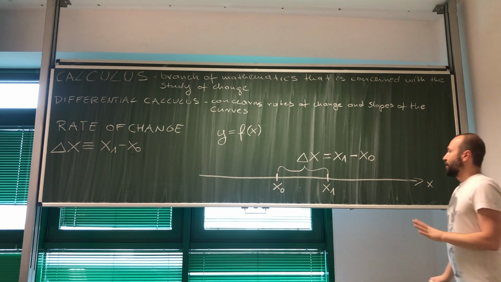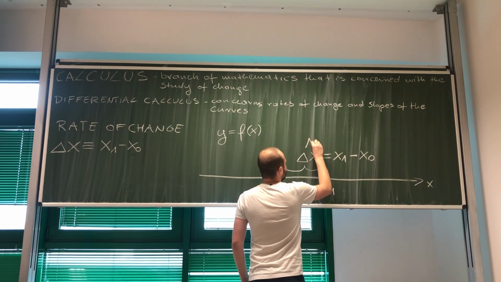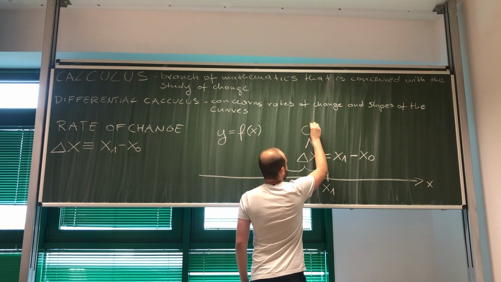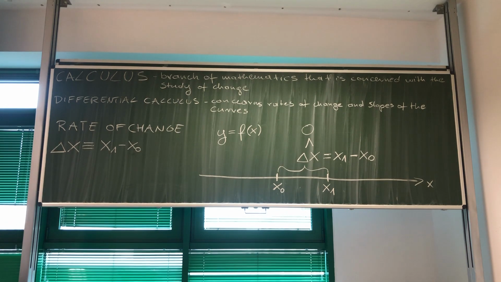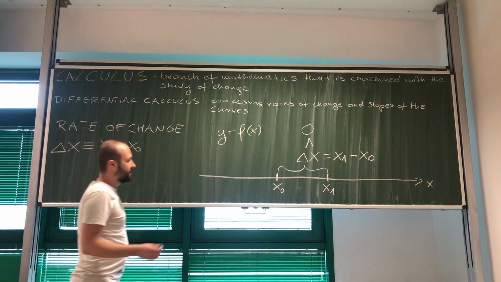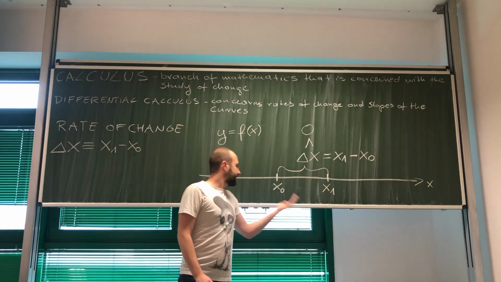But this of course implies that in this particular scenario, delta x is bigger than 0. But it doesn't have to be this way. x can grow or it can decline.